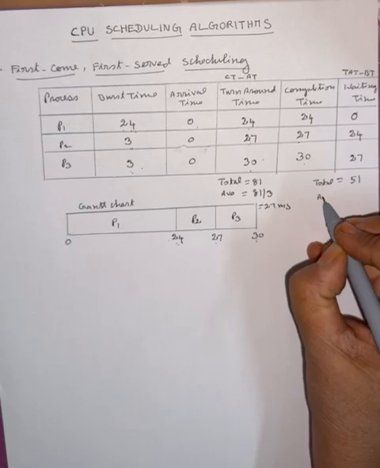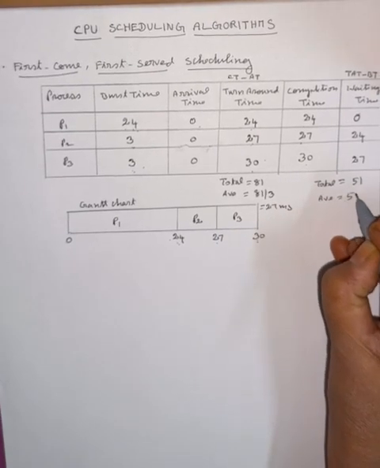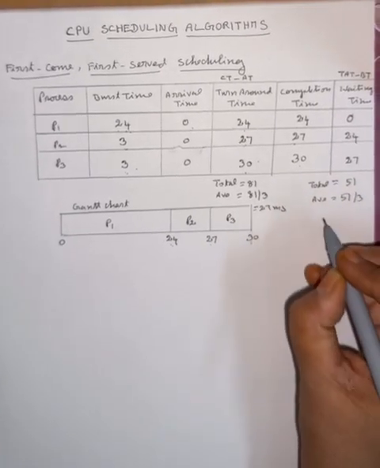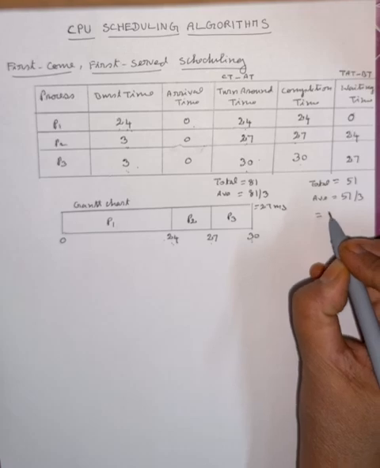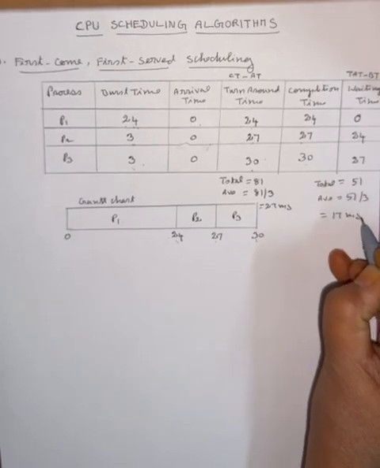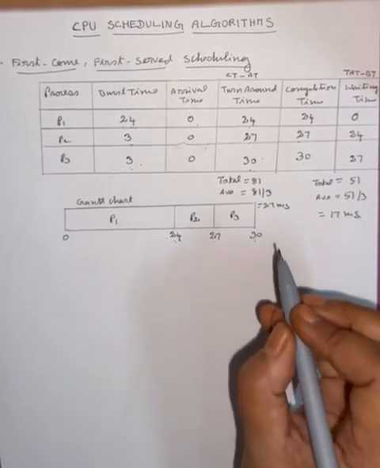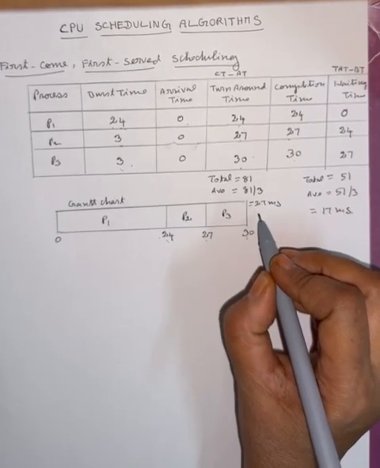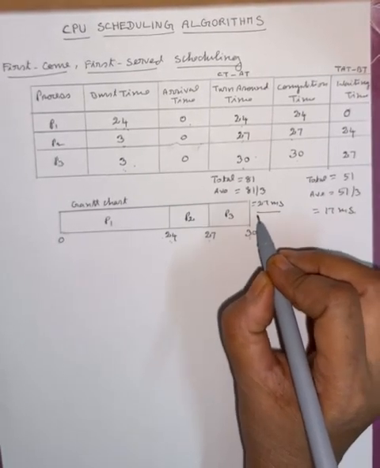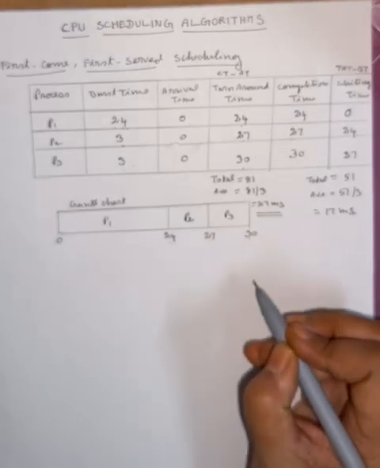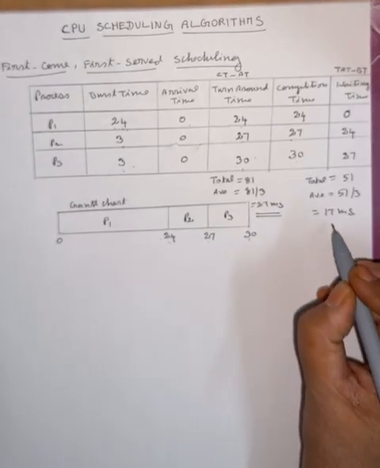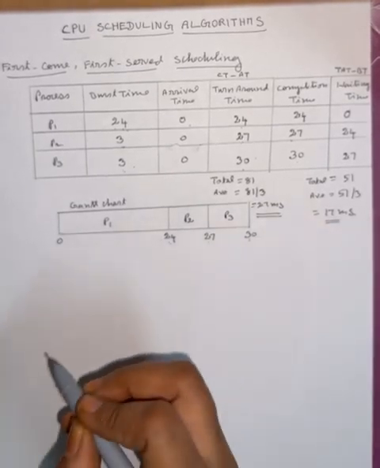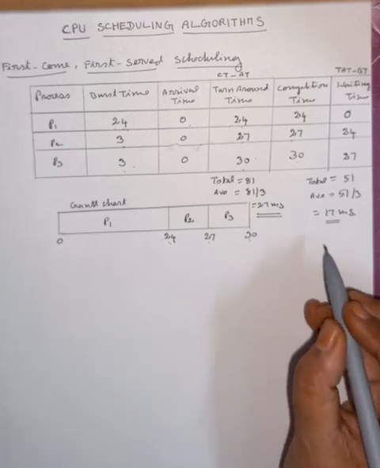So average waiting time is 51 divided by 3, which is equal to 17 milliseconds. In this way, we have calculated the average turnaround time of these three processes P1, P2, P3 as 27 milliseconds, and the average waiting time of these three processes as 17 milliseconds.